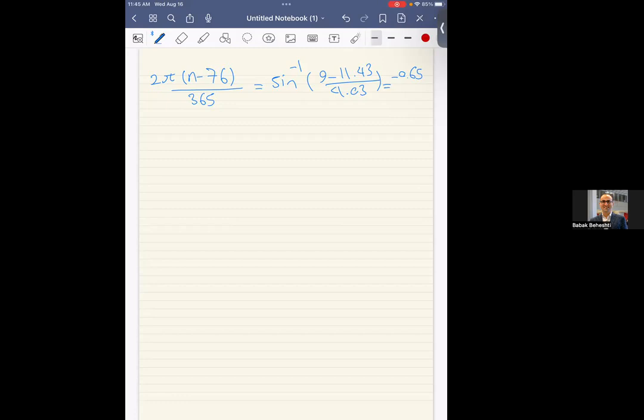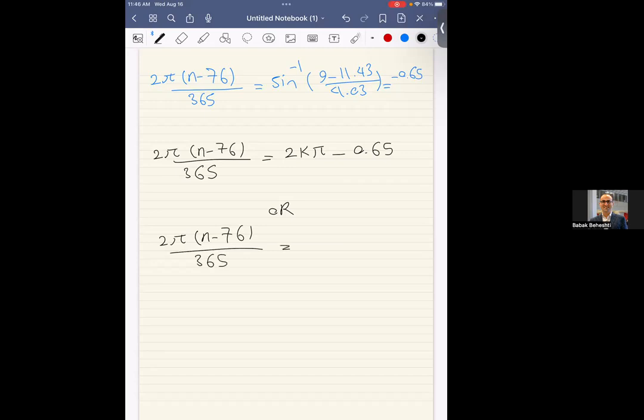So that means basically 2 pi times n minus 76 over 365 is equal to 2k pi minus 0.65, or you have another solution: 2 pi times n minus 76 divided by 365 is equal to 2k pi plus pi plus 0.65.